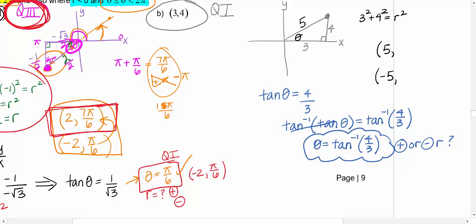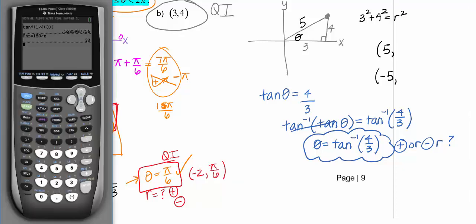Okay? So what I would absolutely do at that point is go back to my calculator if you need to, and figure out what inverse tangent is, because most people don't know this number in their head. This isn't necessarily a number we're supposed to know. 0.927. And then I can figure out, if I don't already know, what pi over 2 is, which is 1.57.